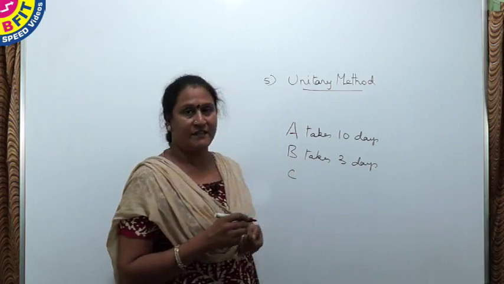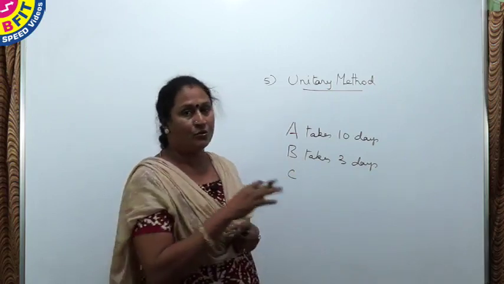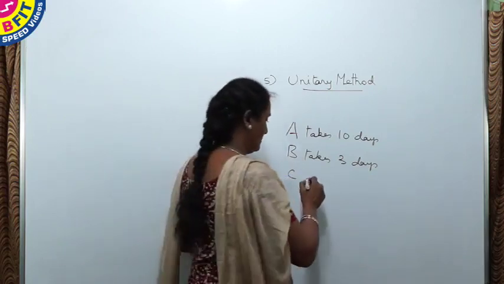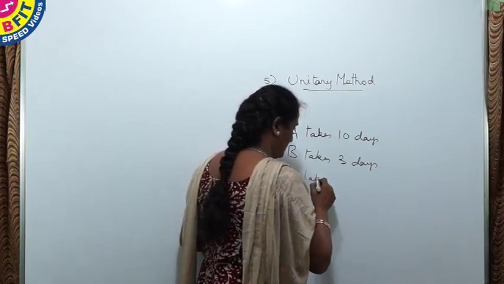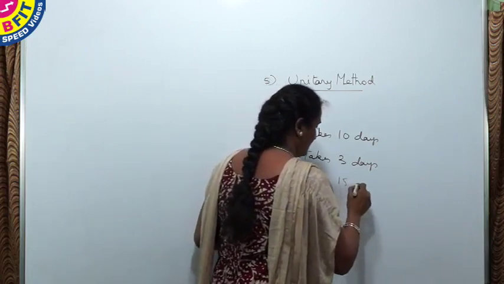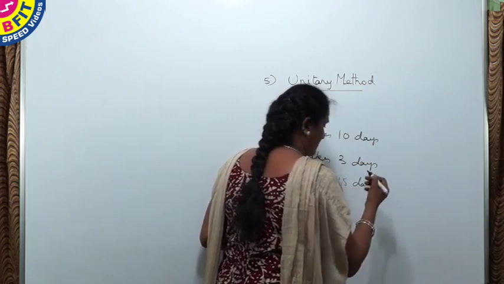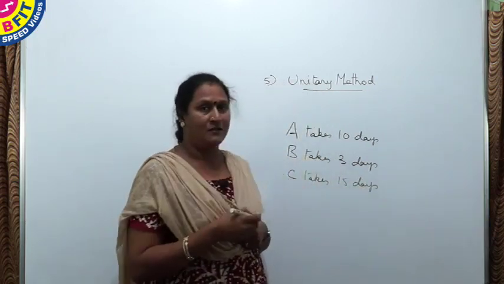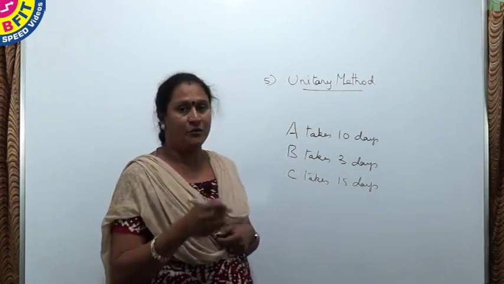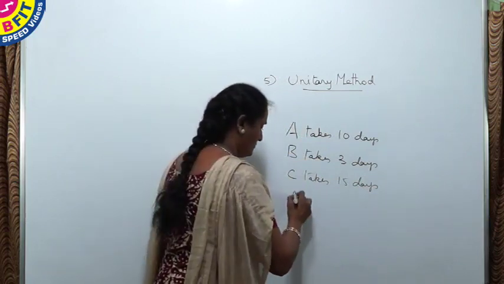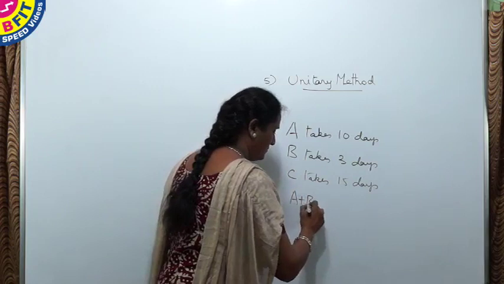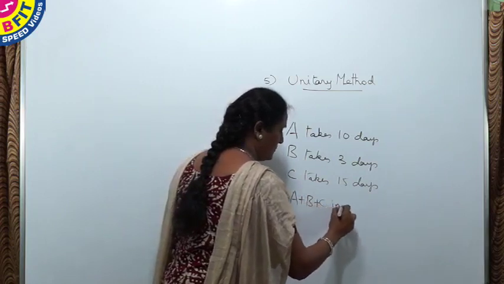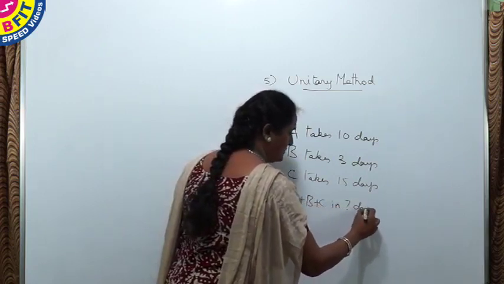And third person C takes 15 days to do the same work. So what will be time taken by all the 3 A, B, C working together? So in how many days?